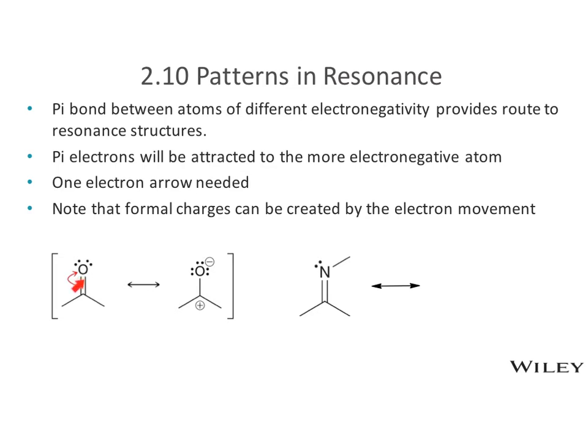So we have this structure here, a simple ketone, and this is exactly the opposite of what we did on the previous slide. Start with the neutral ketone, move the pi bond out to the lone pair on the oxygen, and you generate that doubly formally charged structure there.